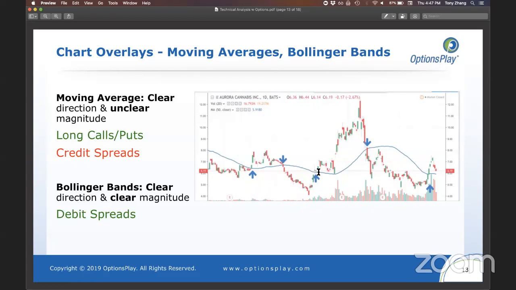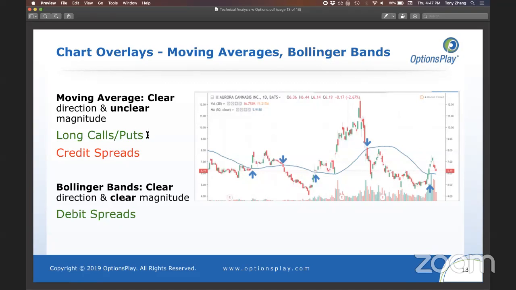But what's not clear is the magnitude, because as you can see, the stock can move above its moving average and just trade sideways, or it can trade above its moving average and move a significant amount. There's nothing about these two moves that signifies any sense for whether the stock's going to rally $1 or $5 in this particular case.